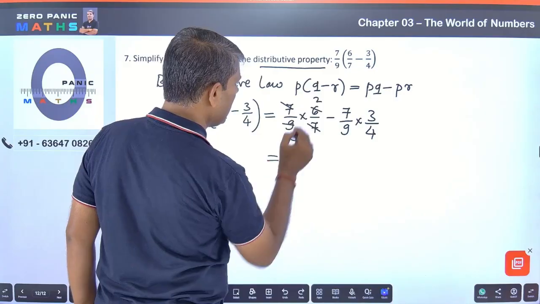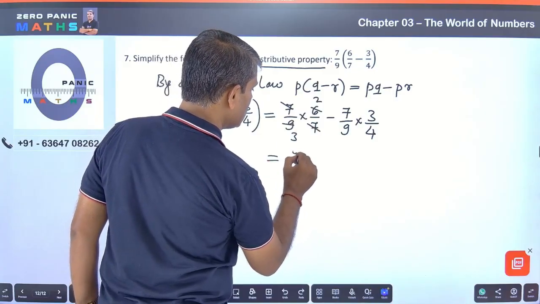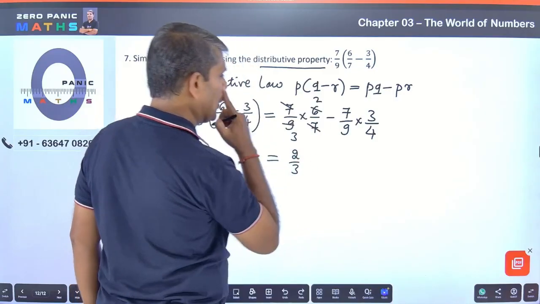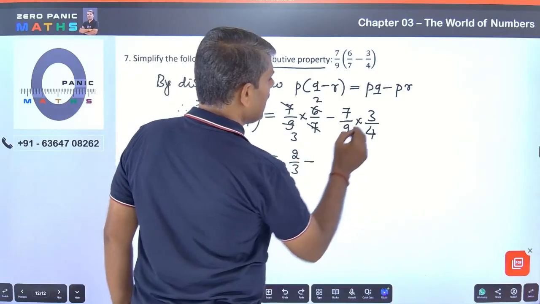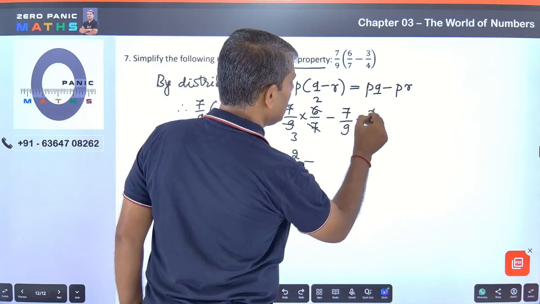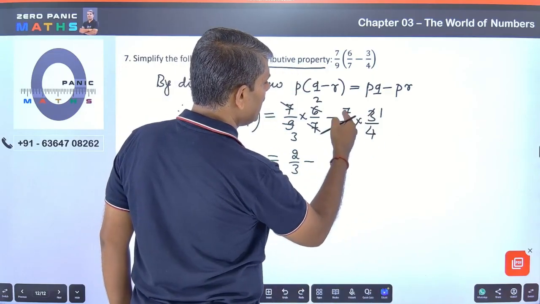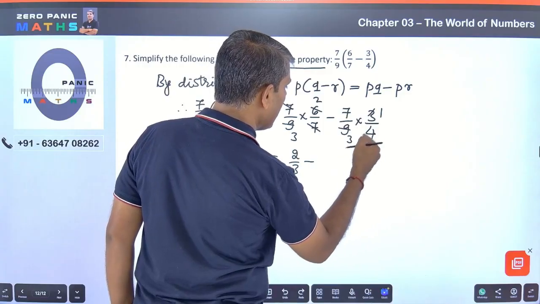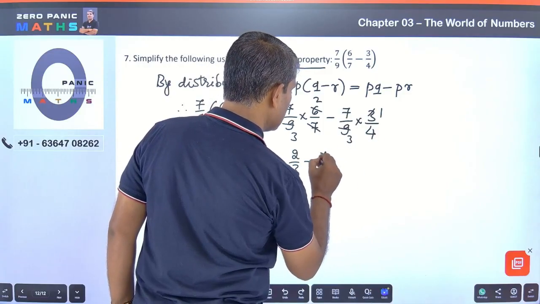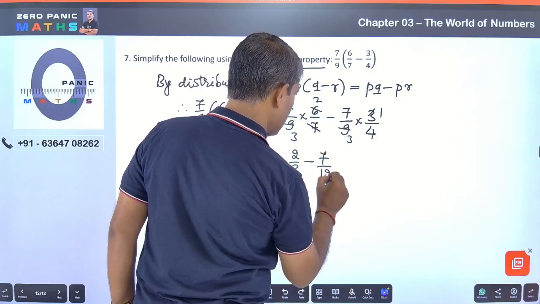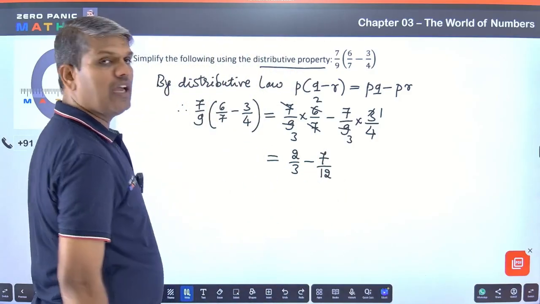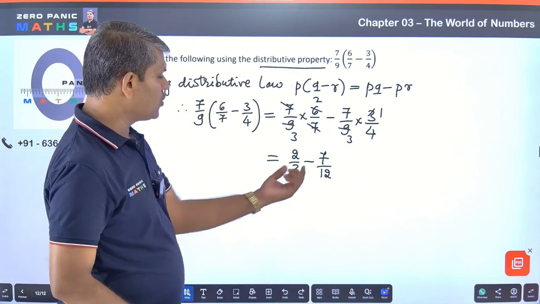So what remained in the first value is 2 by 3. Okay, minus, I'm cancelling 3 ones are and 3 threes are here. So what remained in the second is 7 ones are 7 divided by 3 fours are 12, 7 by 12.